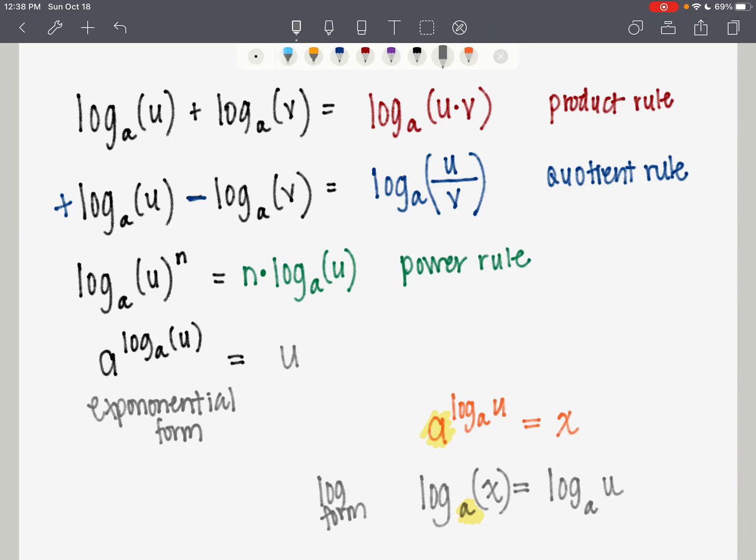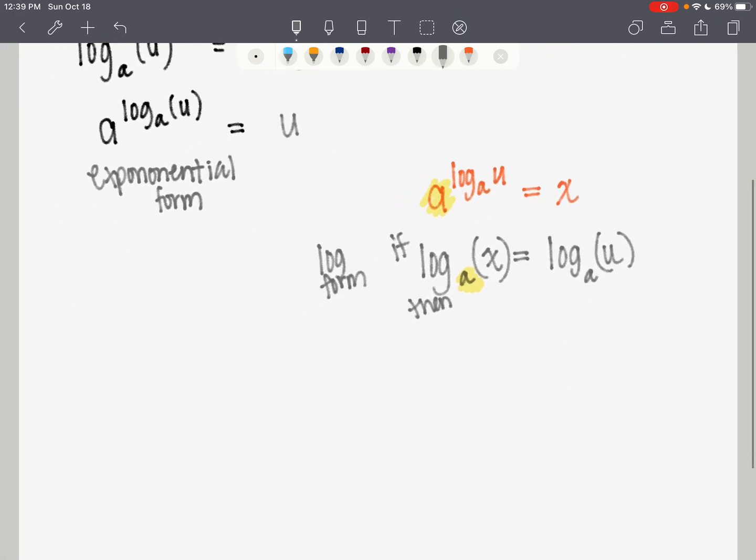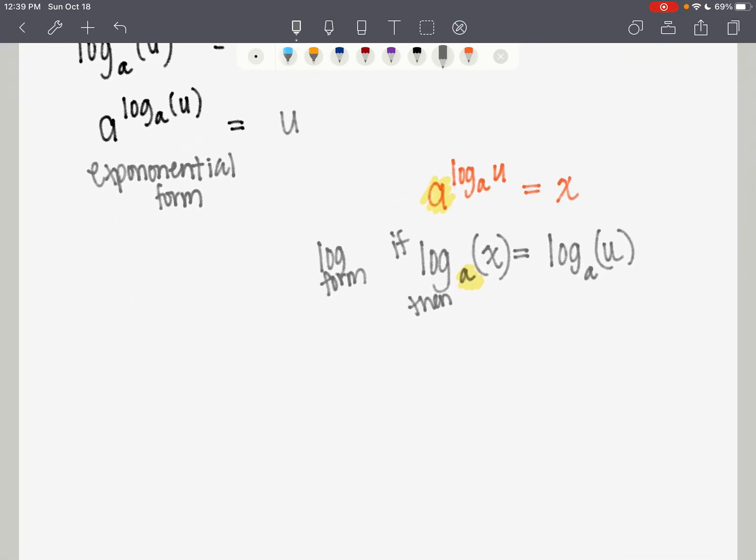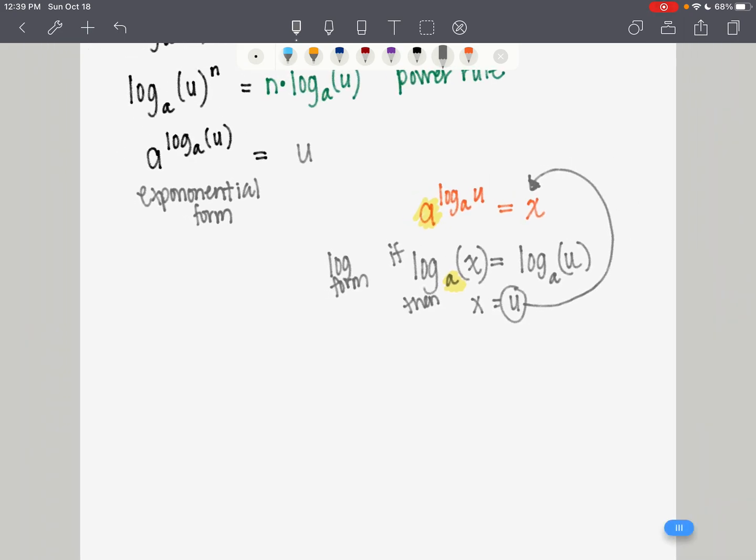Well, log base a of x equals log base a of u. If that happens, if you have two logarithms with the same base equal to each other, then their arguments are equal to each other. Then x equals u. And if x equals u, ta-da, a raised to log base a of u equals u. So you can see that nothing cancels out. It's just a definition that's proven algebraically that a raised to log base a of u is u.